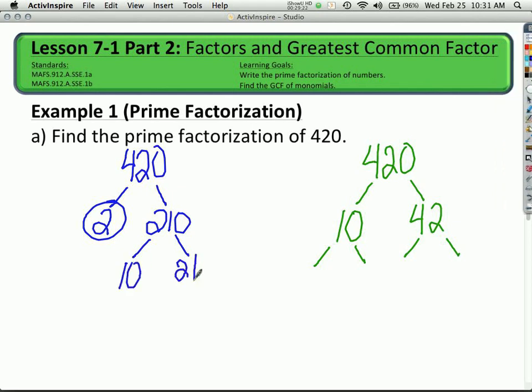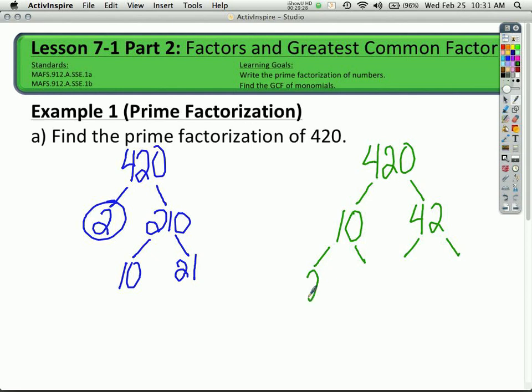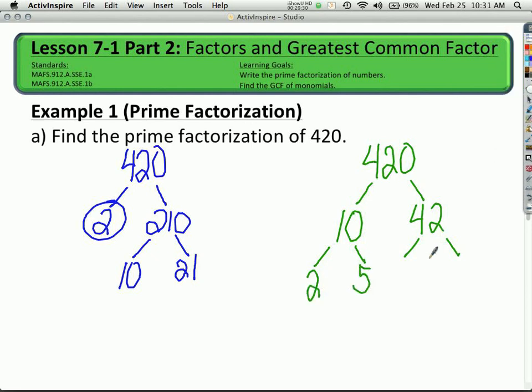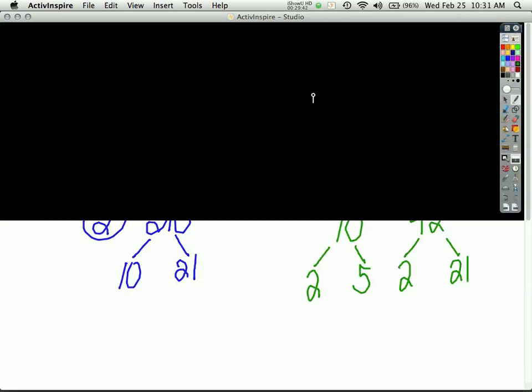And now I need a factor pair for 10 over here. Yasmin? 2 times 5. And I need a factor pair for 42. Michael? 2 times 21.